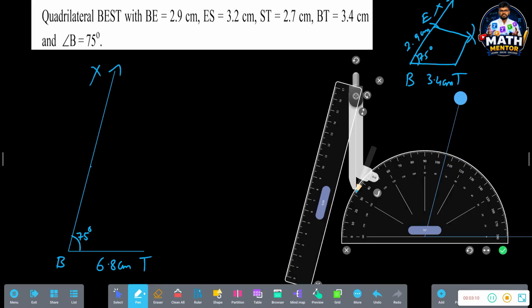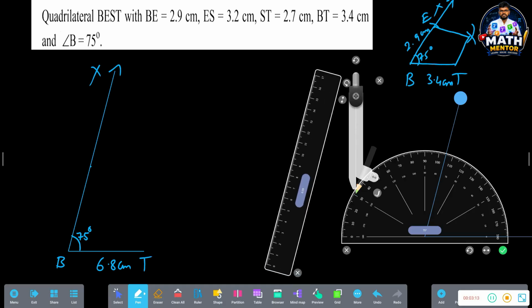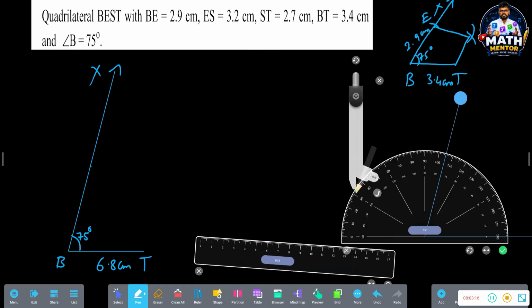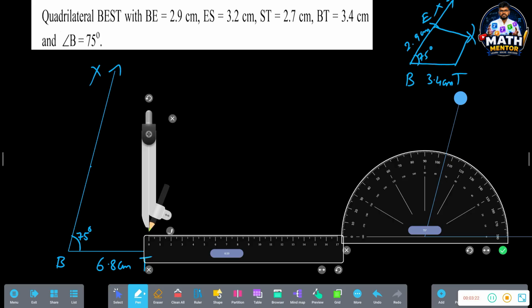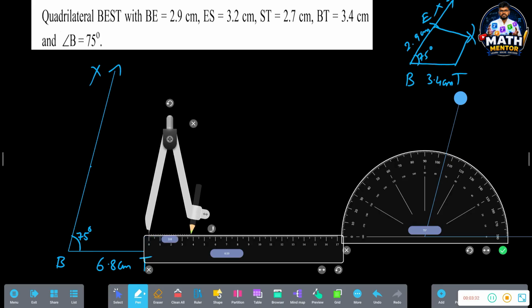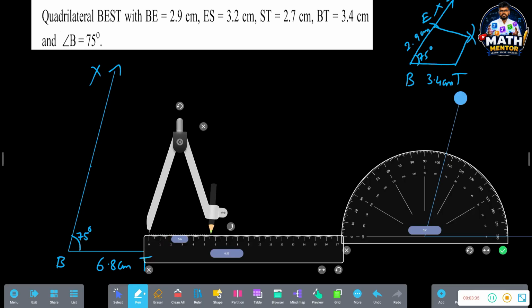So next we have to take BE 2.9. So take your scale, take your compass at 0 and measure 2.9. Double of 2.9 I will take it as 5.8. So see, this is 5.8. Right.